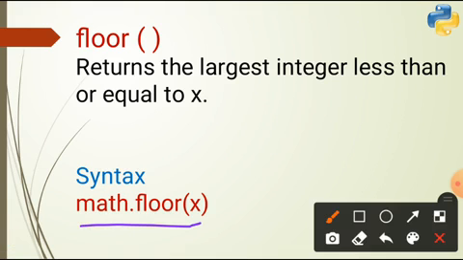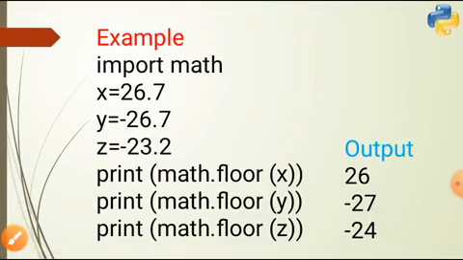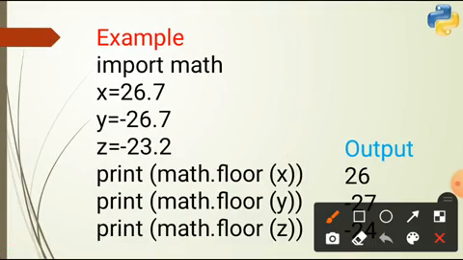The syntax for using the floor function is math.floor of x. Here math is said to be a module. So already I told you, to use a mathematical function we have to use the module called math, and floor is nothing but the function and one parameter is passed. Okay, so math.floor.